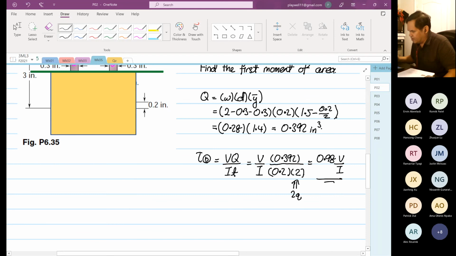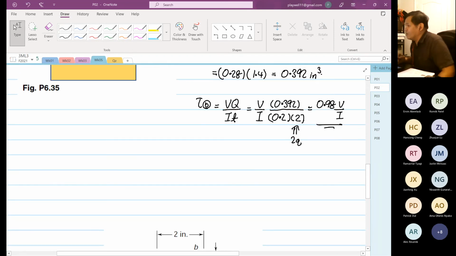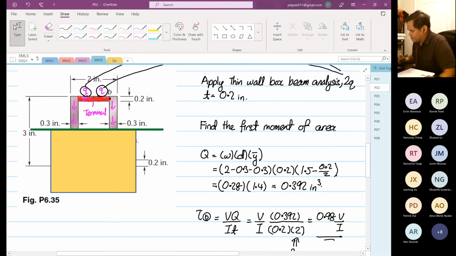Now we're going to find the shearing stress at point A. Before I go on, any question with this? Anyone? It looks easy, right? No problem.